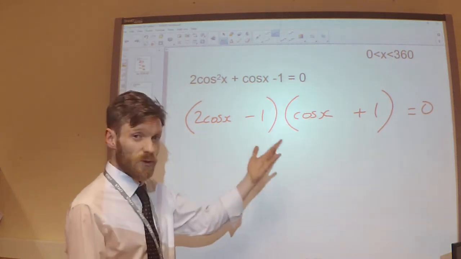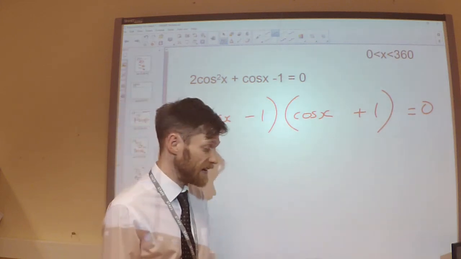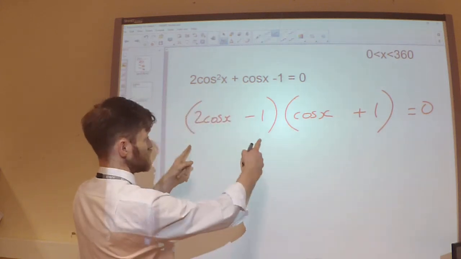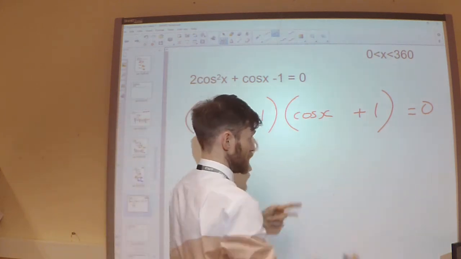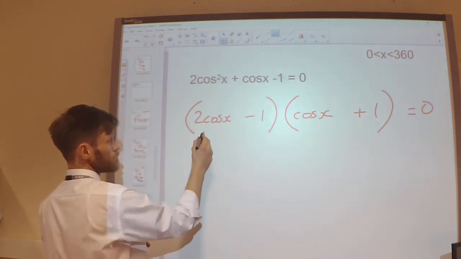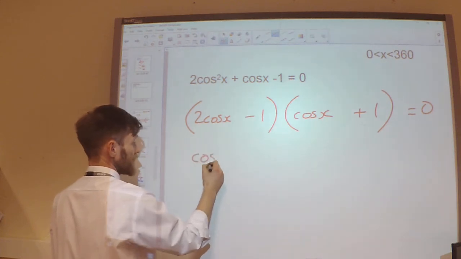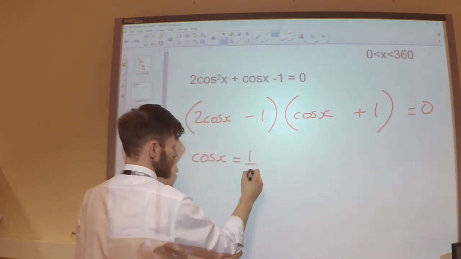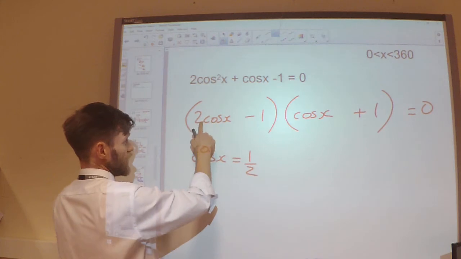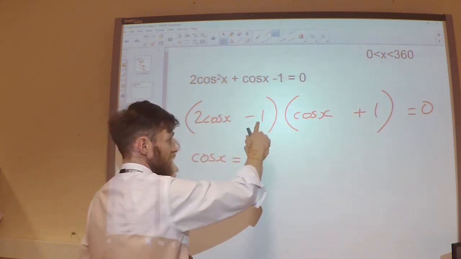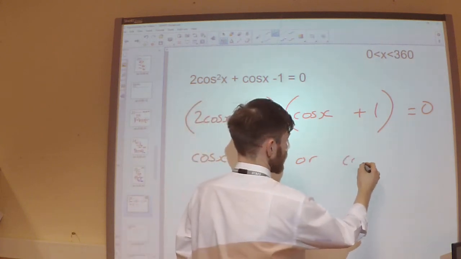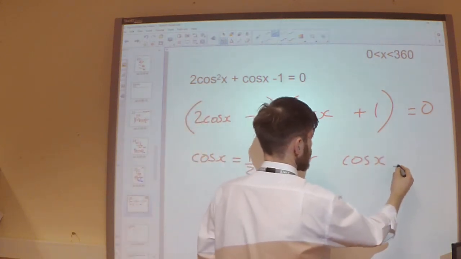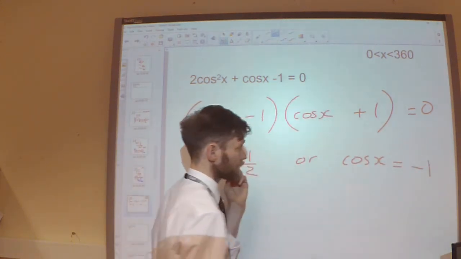So now I've got my two brackets equal to 0. I know that either this bracket is 0 or that bracket has to be 0. So either cos x must be equal to a half, because this is going to have to equal a half if this whole thing is going to equal 0, or cos x is going to equal minus 1.